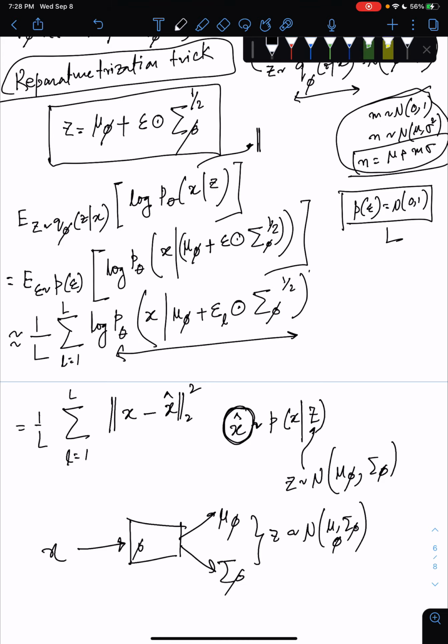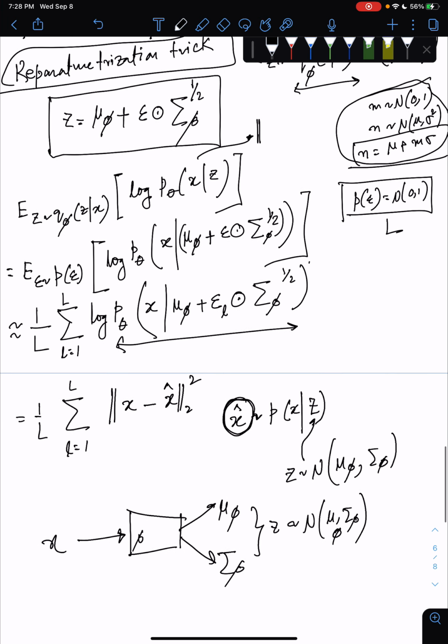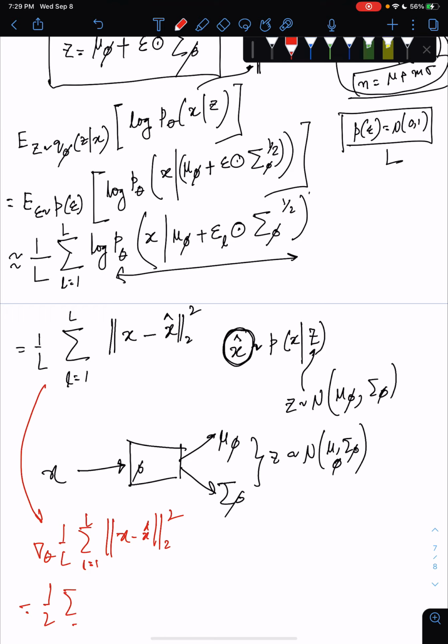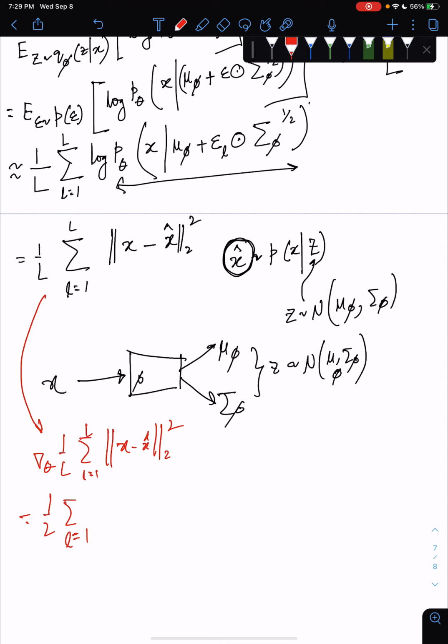So when you take the derivative with respect to this, it means that you have to take the derivative with respect to, suppose this will be 2(x minus x hat), then there will be a minus sign.